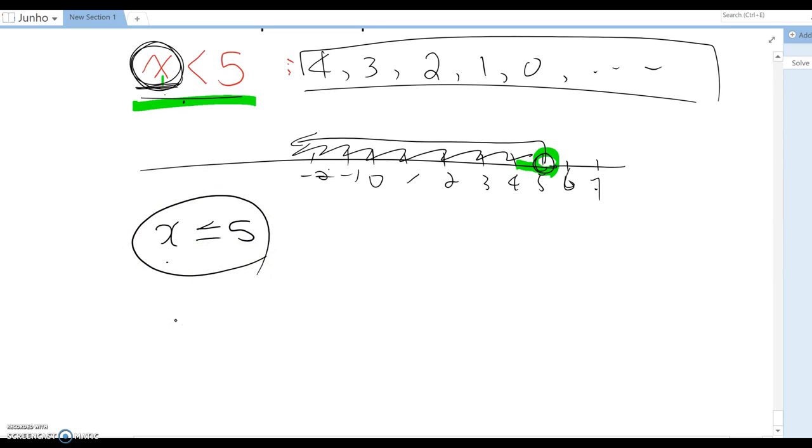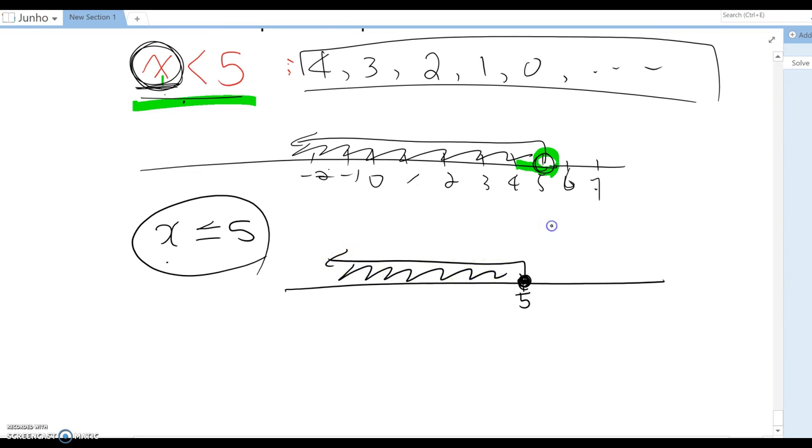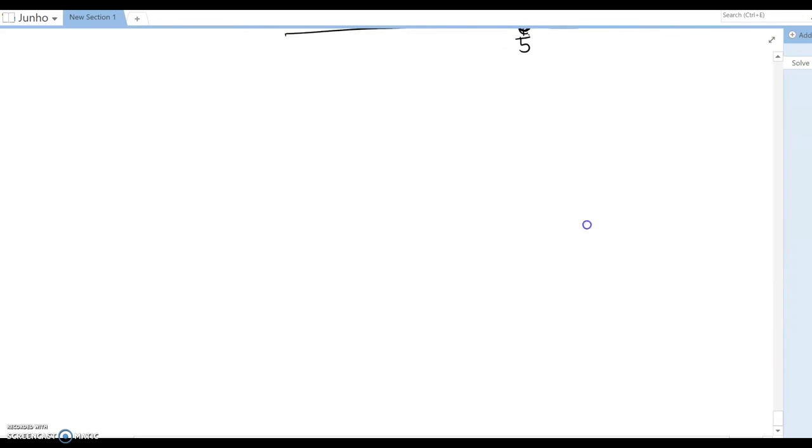So the answer area will be the same, but the difference is that when we set the 5 here, it becomes a closed dot going to the left side. It's because x also can be 5, so it is the terminating value, unlike the previous one. Okay, then based on this, let's talk about a little bit harder one in the main topic.